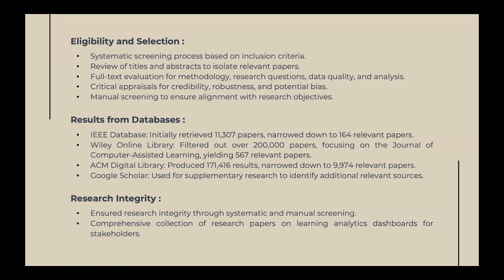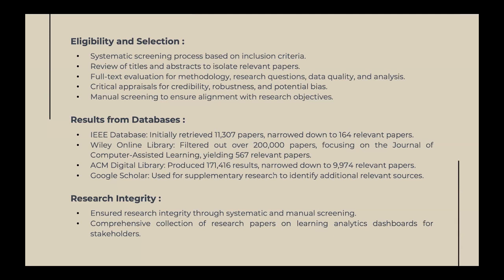research objectives. So in examining the results obtained from various databases, the IEEE database initially yielded 11,303 papers, narrowed down to 164 relevant papers. And the Wiley Online Library, after filtering around 2 lakh papers and focusing on a particular filter, journal, provided 567 relevant papers.